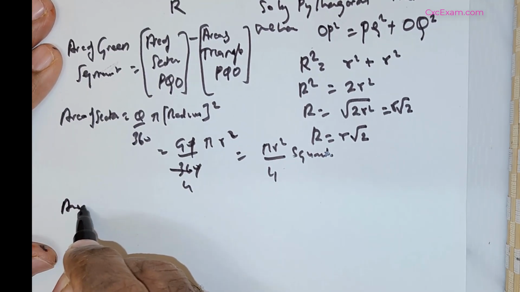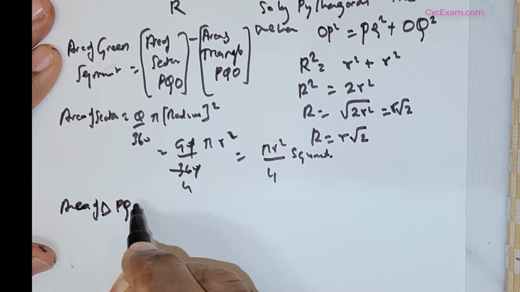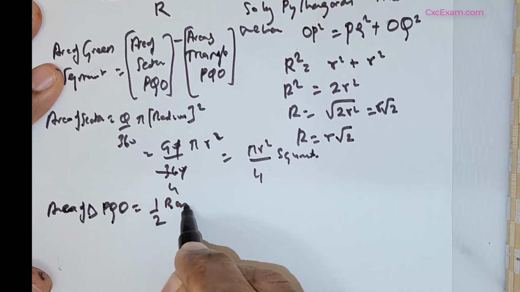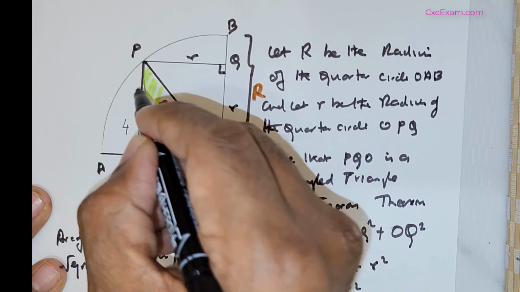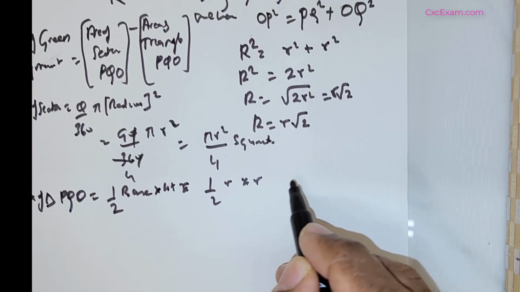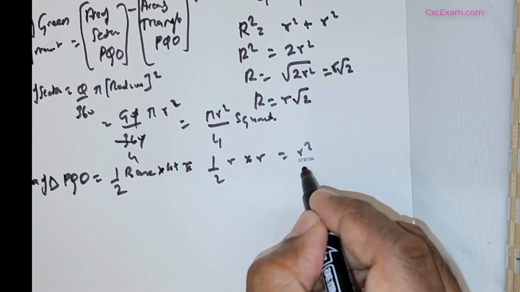Now what is the area of the triangle? Area of triangle PQO is half times base into height. This is a right triangle, right? So half times my base is r, my height is r. So you have r squared over 2.